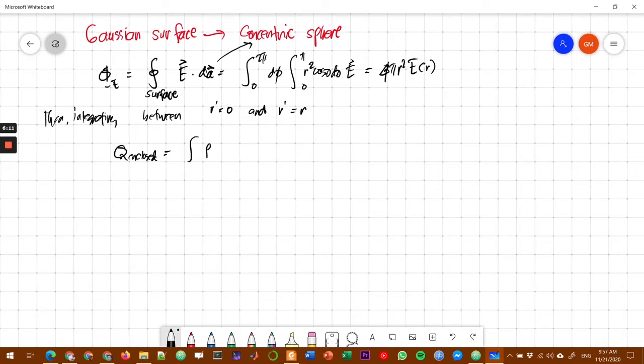For the Q enclosed, we have rho d tau prime. We are integrating over a volume, and this is from 0 to R, which we mentioned earlier. And rho is just k r, but our notation here should be r prime, because R is the limit of integration.